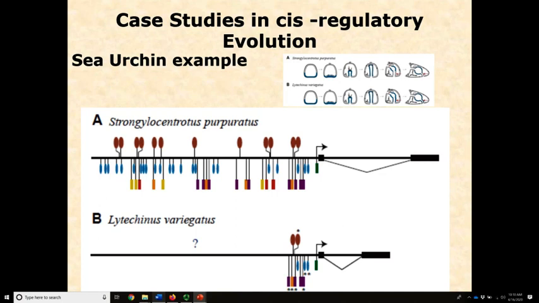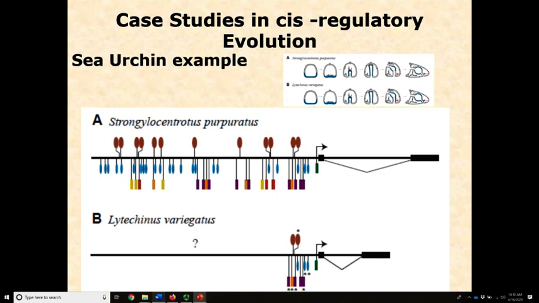So it turns out that there's a high degree, again, on average about 30 to 40% turnover of regulatory elements while still maintaining the exact same domain and levels of expression. So that provides lots of flexibility in those changes. It's kind of the old saying, there's more than one way to skin a cat. Well, it turns out there's more than one way to develop a fruit fly.